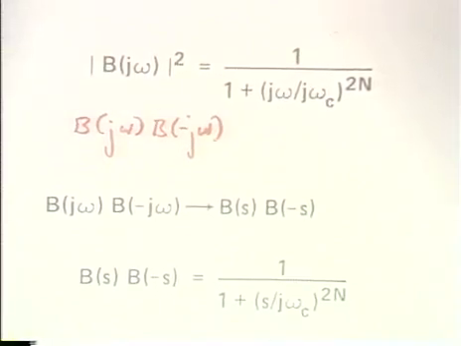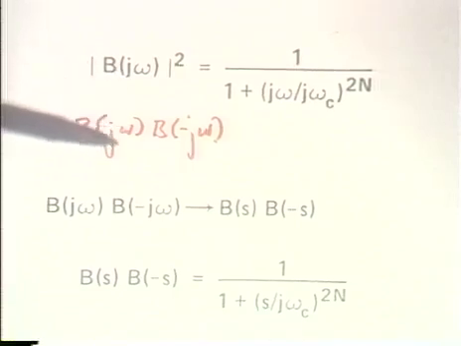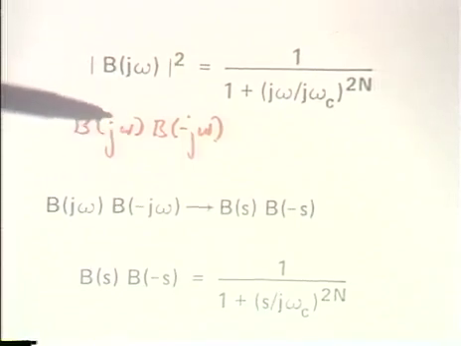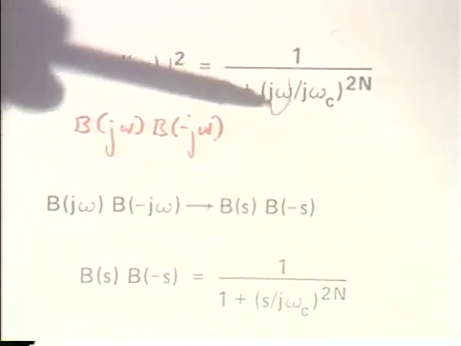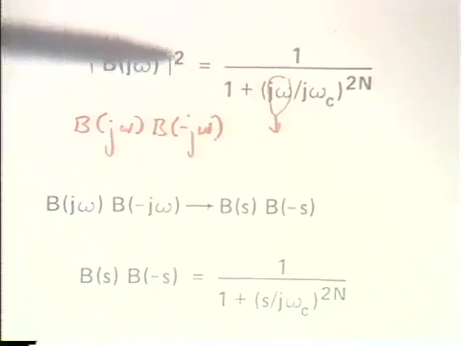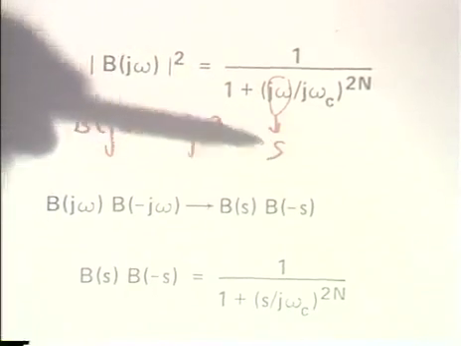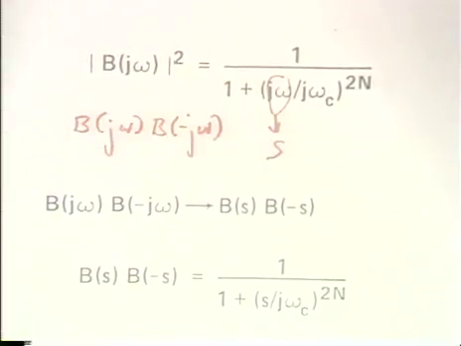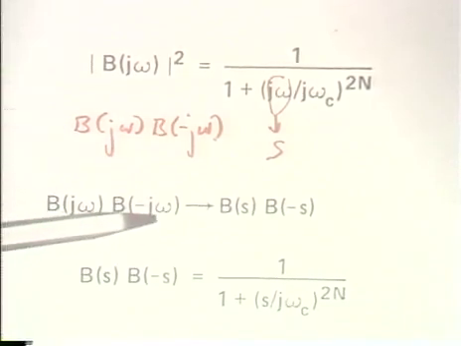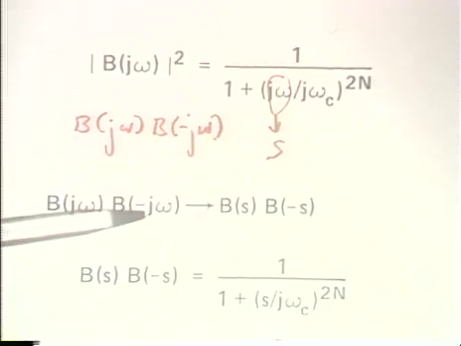In order to convert this to an expression describing the system function, in terms of the more general Laplace transform variable s, we recognize that j omega in the more general setting simply corresponds to the Laplace transform variable s. So this product is the Laplace transform evaluated for s equal to j omega.